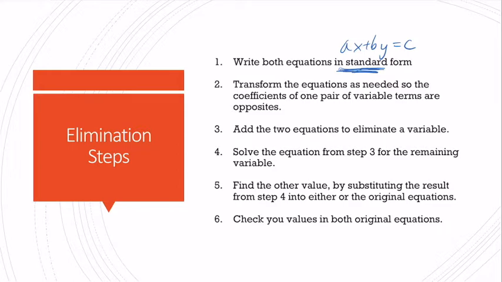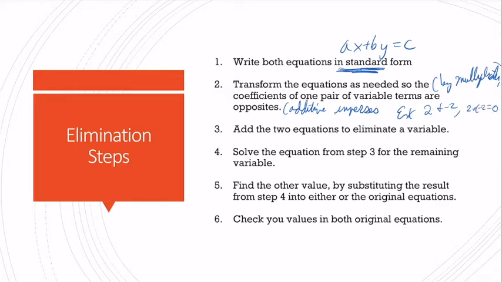Then we're going to transform the equations as needed using multiplication to get one pair of variable terms to be opposites. These are also called additive inverses because one undoes the other. For example, I could have 2 and negative 2 because 2 plus negative 2 is 0.